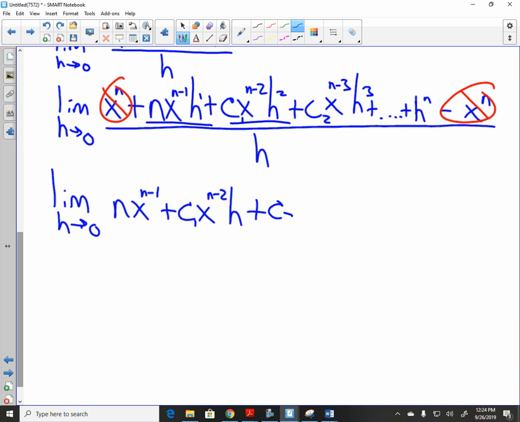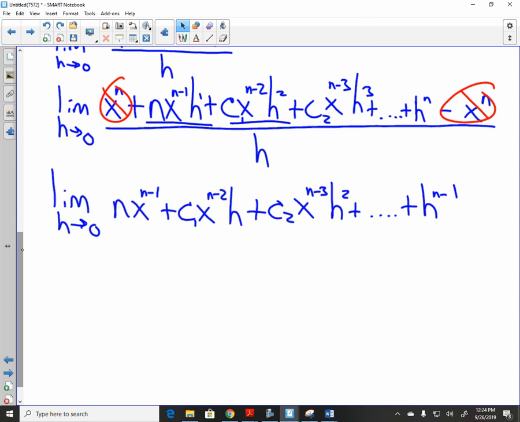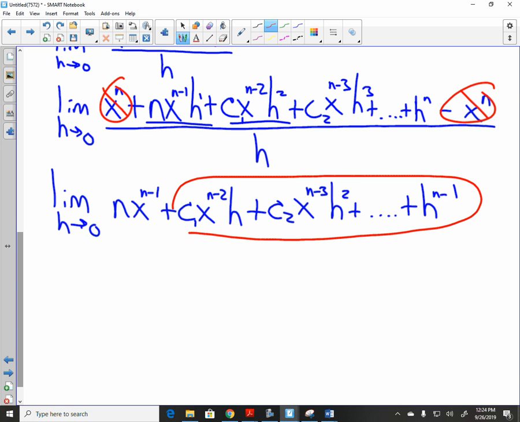Then c sub 2 times x to the n minus 3 times h to the second, all the way until we get an h to the n minus 1. Let's plug in 0 for h. What happens if we plug in 0 for h? Everything except for the first term disappears.